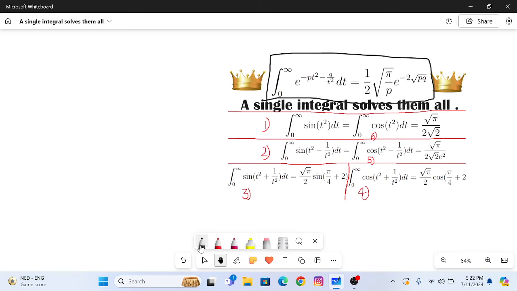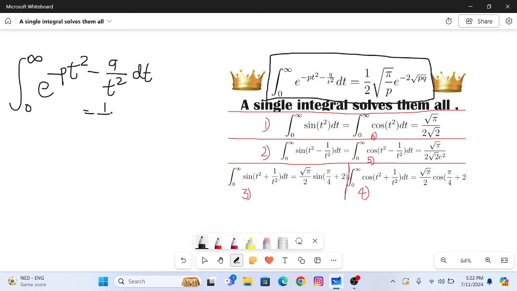So we have the integral from 0 to infinity of e to the power minus pt square minus q by t square dt, and this is equal to 1 by 2 root under pi by p e to the power minus 2 root pq. Now once I solve this integral, I can put q as 0.